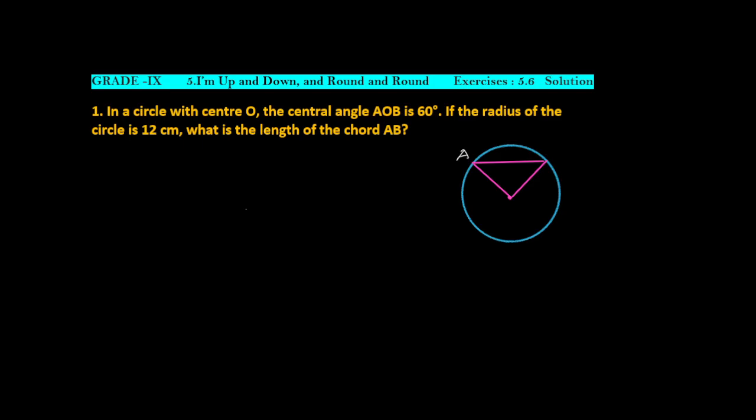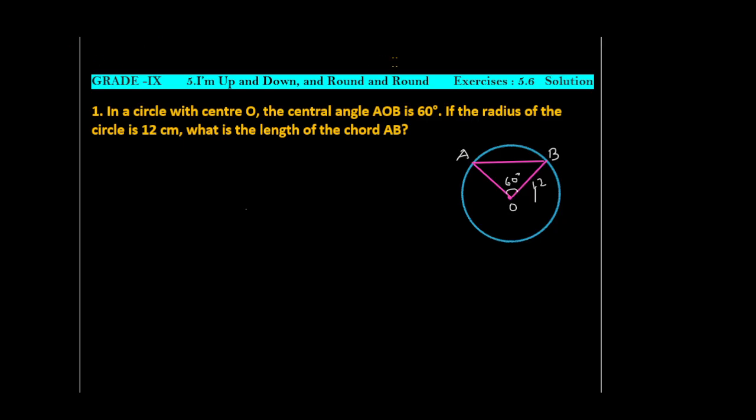AB is a chord, O is the center, the angle given here is 60 degrees. The radius of the circle is 12 centimeters. What is the length of the chord AB?